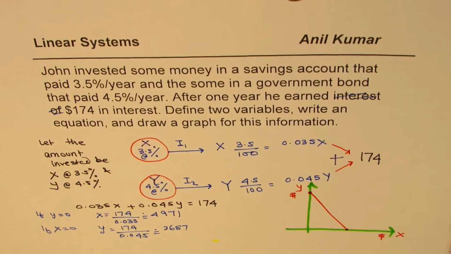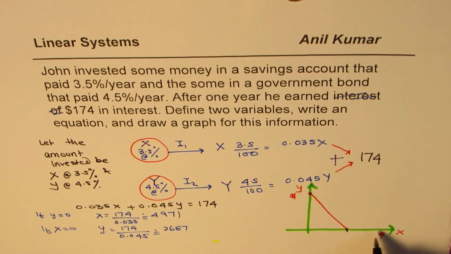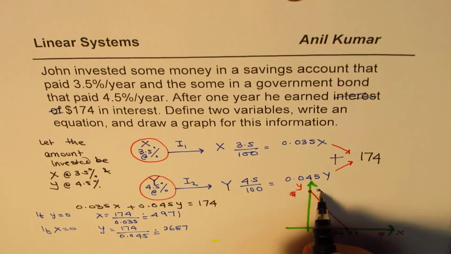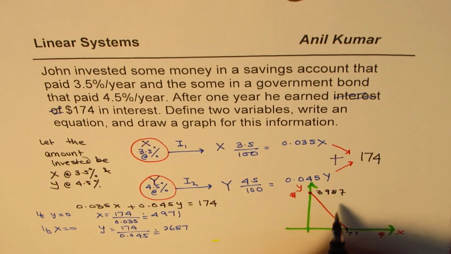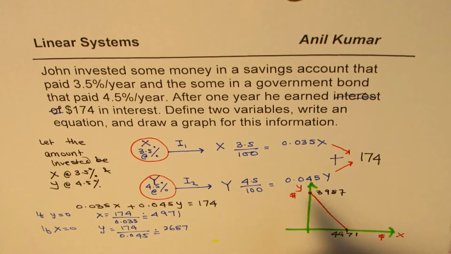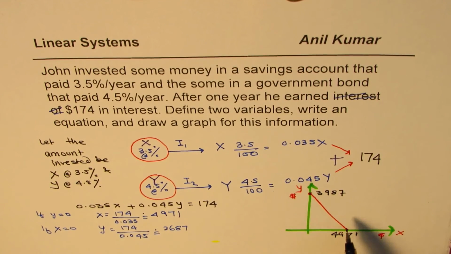These are possible combinations. Do you understand? So this is the x value actually, so this will be 4971 and the y value is 3867, right? So that is how we can actually sketch the graph for the given information.